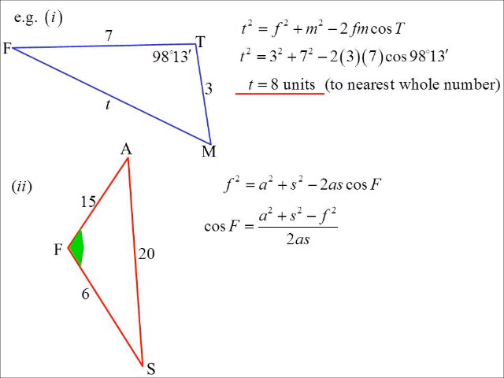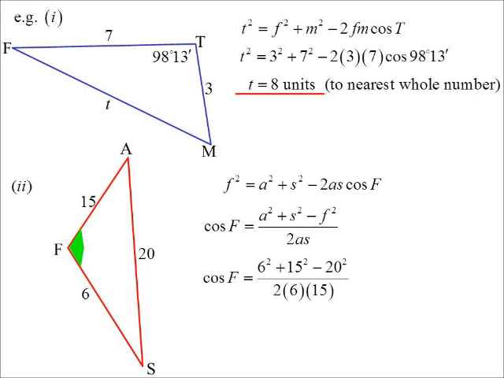So I'll make f squared the subject. So f squared is a squared plus s squared minus 2as cos f. Rearranging that, we get what some people like to memorize as the formula if we're finding an angle: a squared plus s squared minus f squared on 2as. If you are memorizing it that way, I guess the way of remembering it is you minus the side opposite the angle you're trying to find, and then the rest hopefully drops into place.